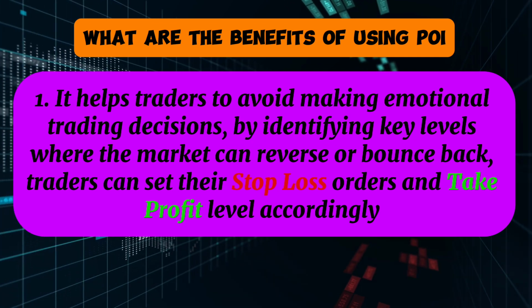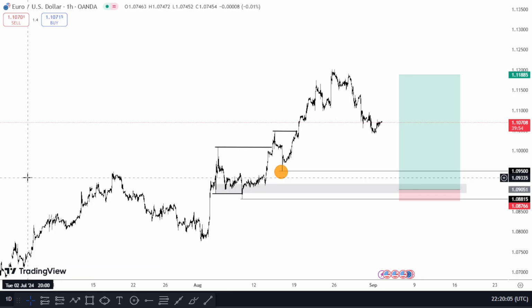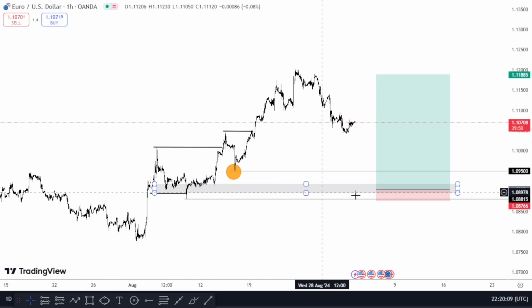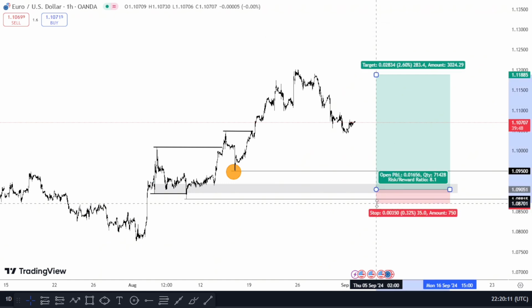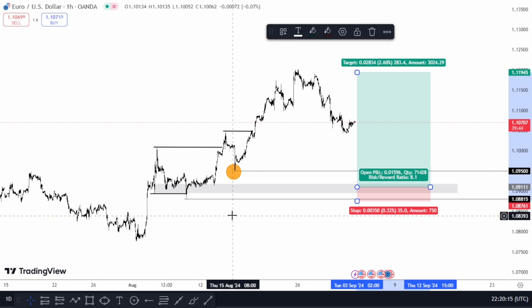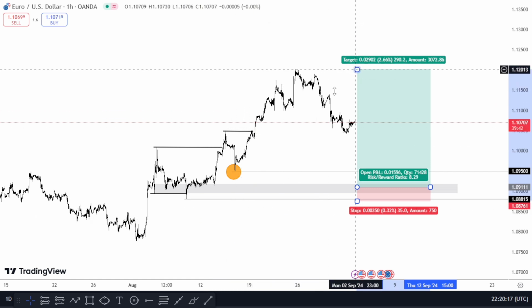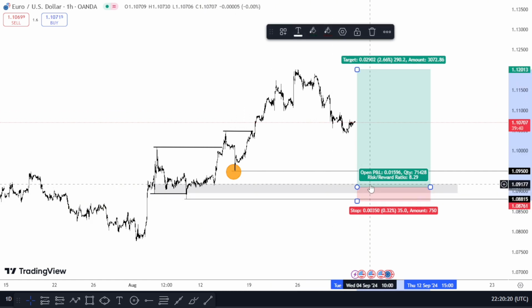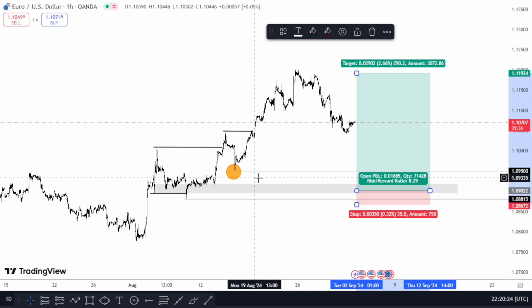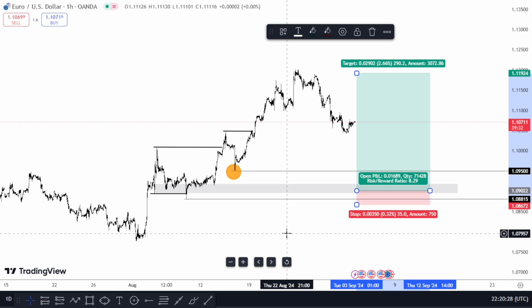Without relating to the chart here, we have identified our POI, and then we can use the aggressive method of entering, setting your pending order right here, your stop loss, and then your target. So what happens when the market comes here? Automatically it triggers you in.